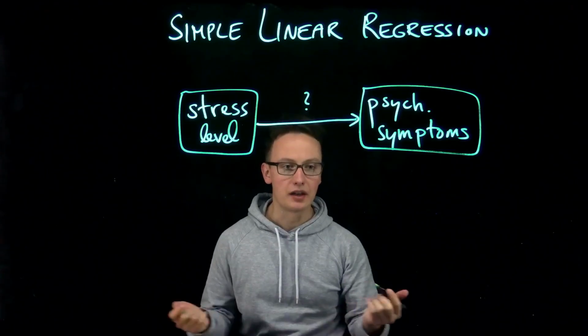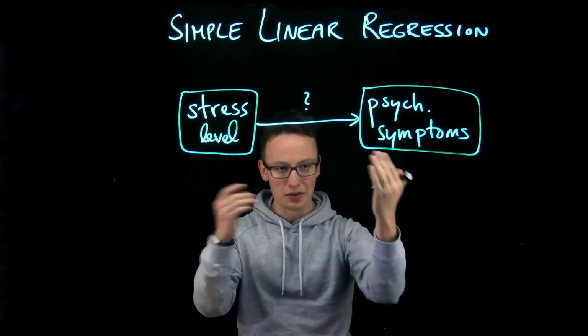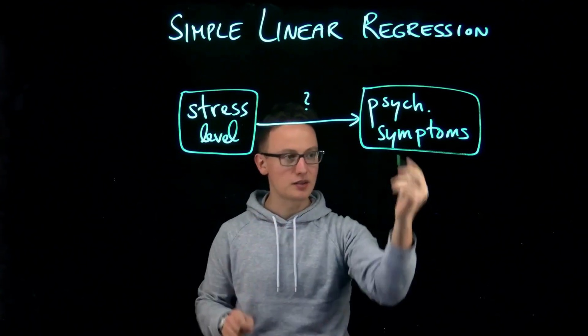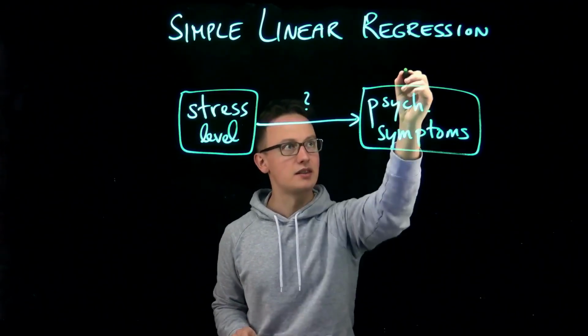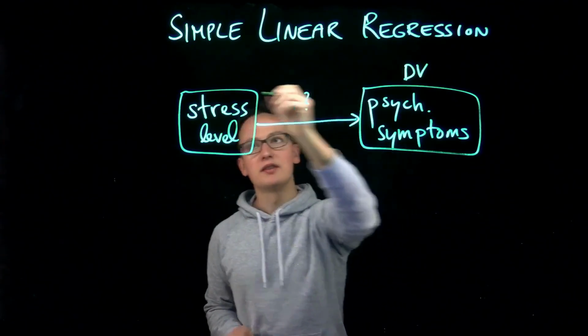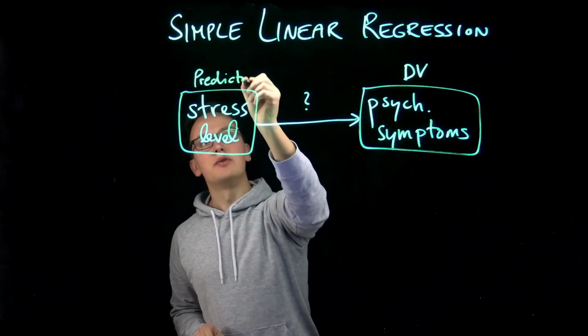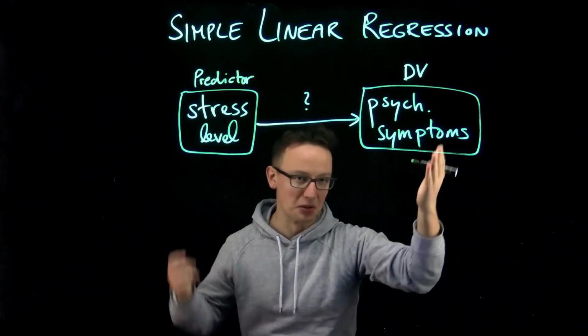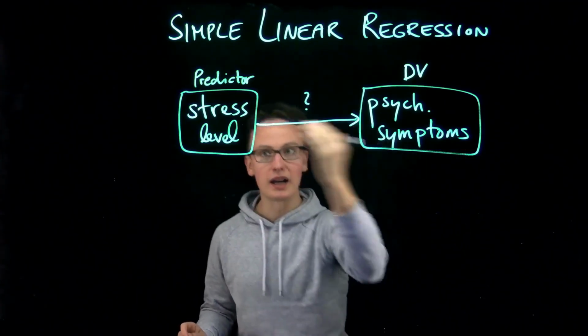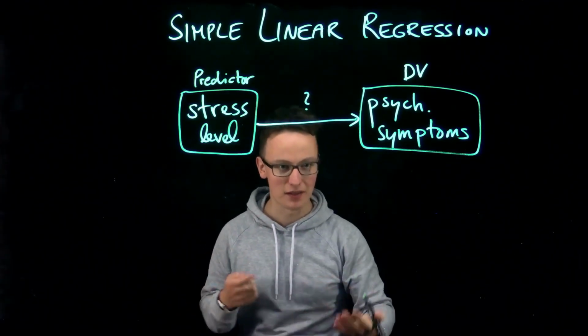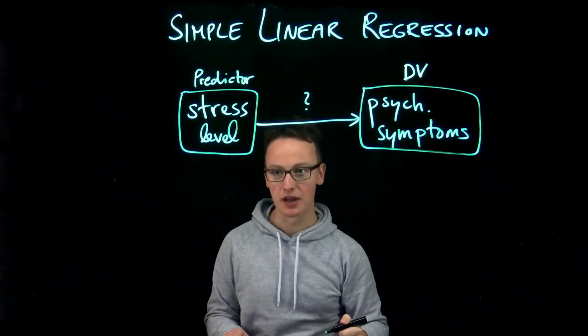If we assume that this is causally related like this, we could say for our analysis that this is our dependent variable and this is our predictor. So we try to predict the degree to which a student has psychological symptoms or issues by the amount of stress they experience or are exposed to, okay?